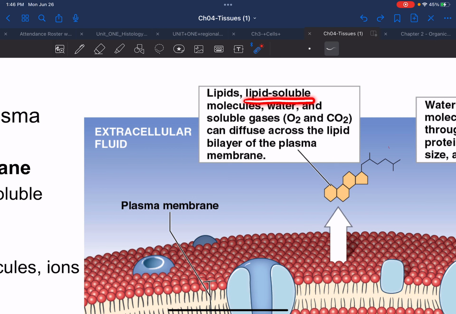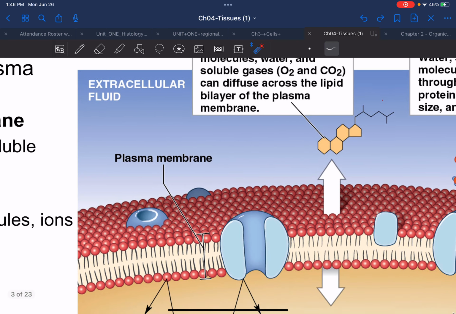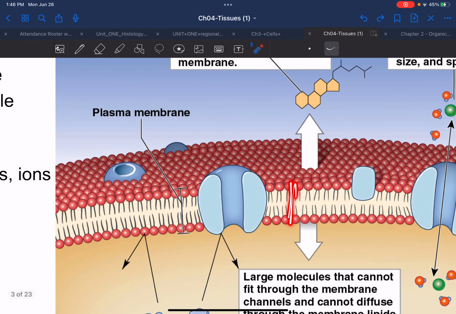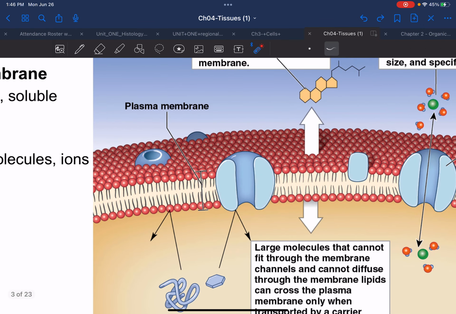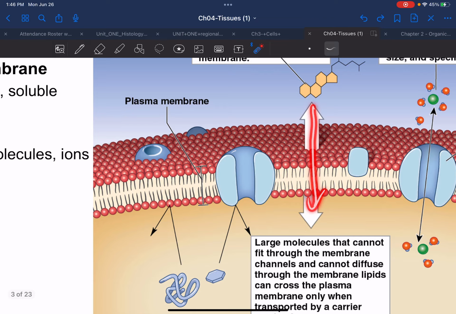Lipid soluble means that it can dissolve in lipids. And so the entire plasma membrane is made out of lipids. And so anything that's called lipid soluble implies it can actually just go right through. Because remember that like likes like.